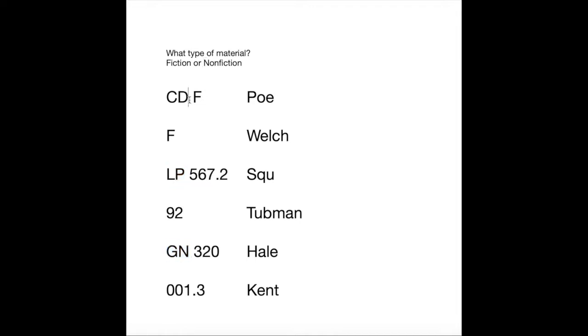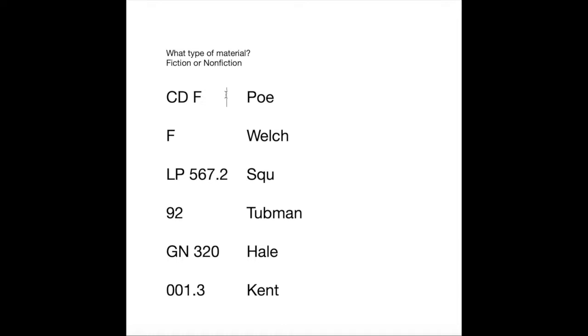Now, does anyone want to take a guess as to what CD means? CD simply means compact disc. LP in O'Neill's library means large print. GN means graphic novel. It doesn't change the fact that this is still a fiction material. It doesn't change that this is still a nonfiction material.